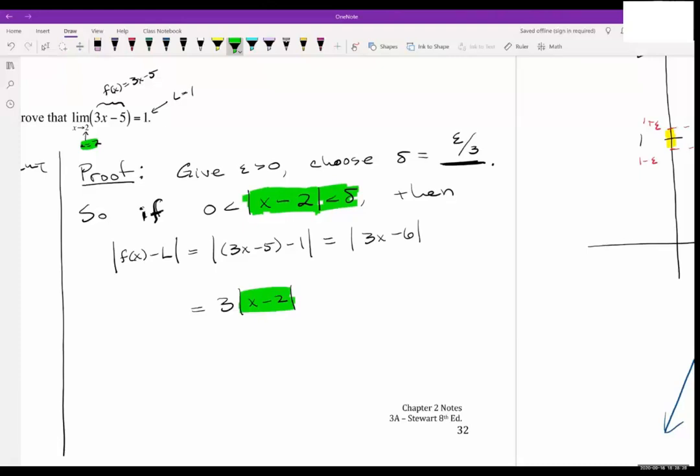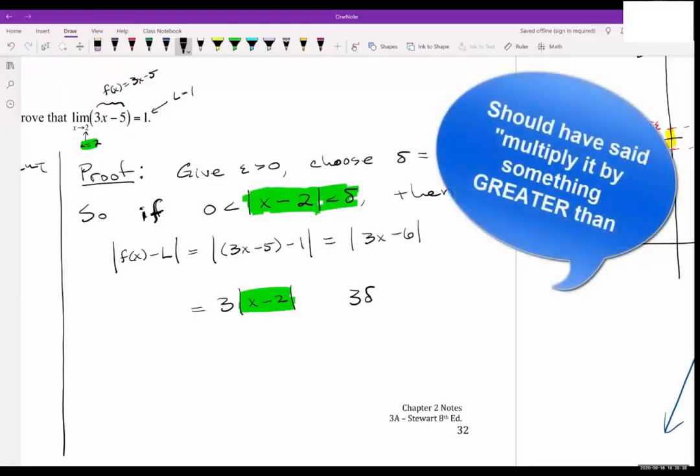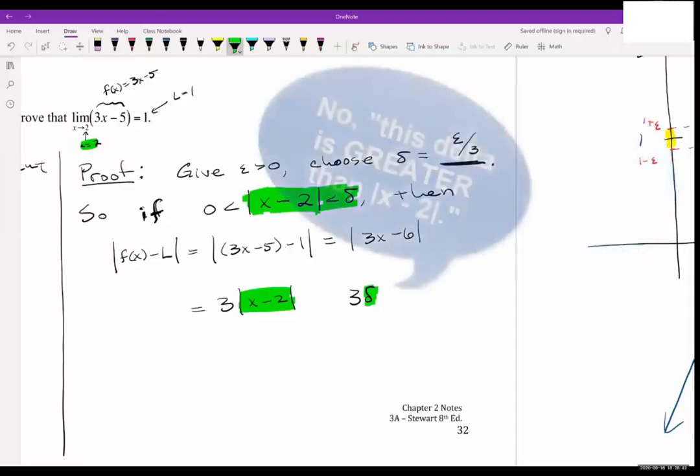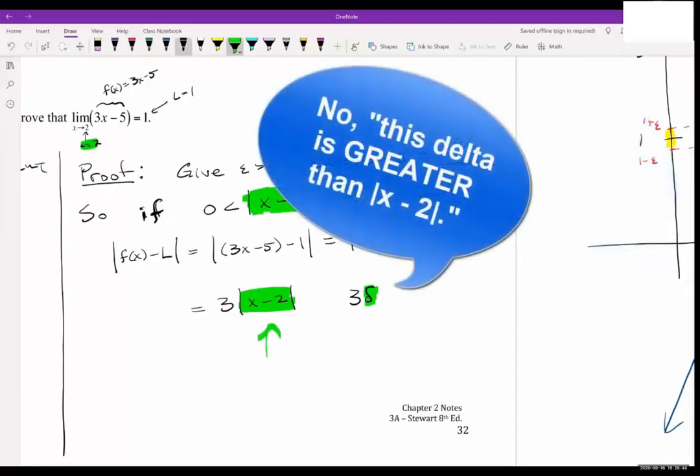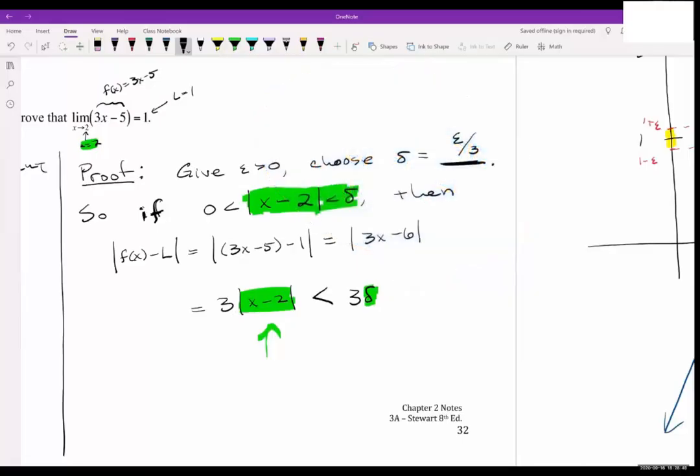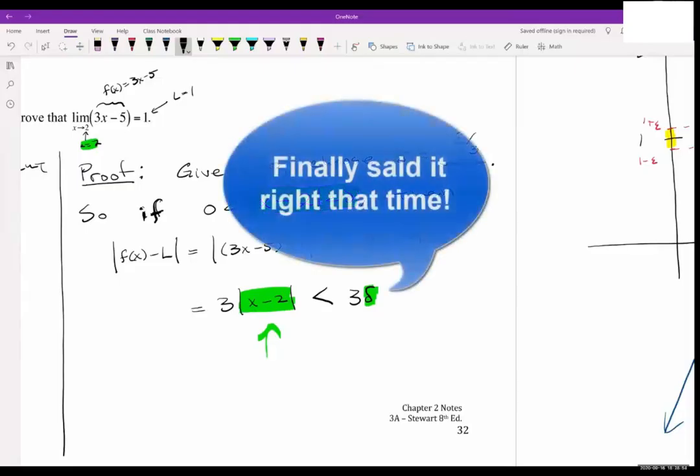So if I take a number and multiply it by 3, and I take 3 and multiply it by something less than that number, this guy in green is less than this guy in green. And when I multiply each one by 3, I should have an inequality like that, right? From above in green, I know delta is bigger than the absolute value x minus 2.